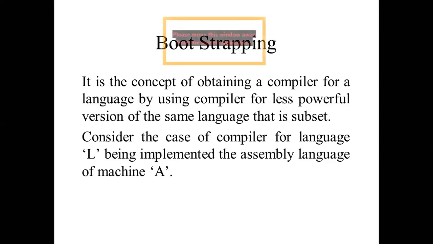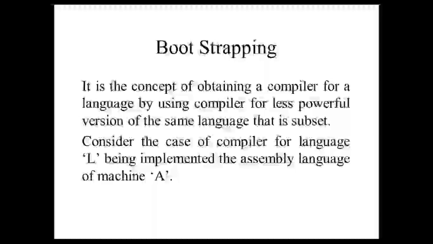So similarly here, what is bootstrapping? We are using the less powerful version of the same language, that is called the subset, and we are enhancing it by adding more functions. So bootstrapping is implementing new software with the help of the old version, by adding some more functions and making it more user friendly.